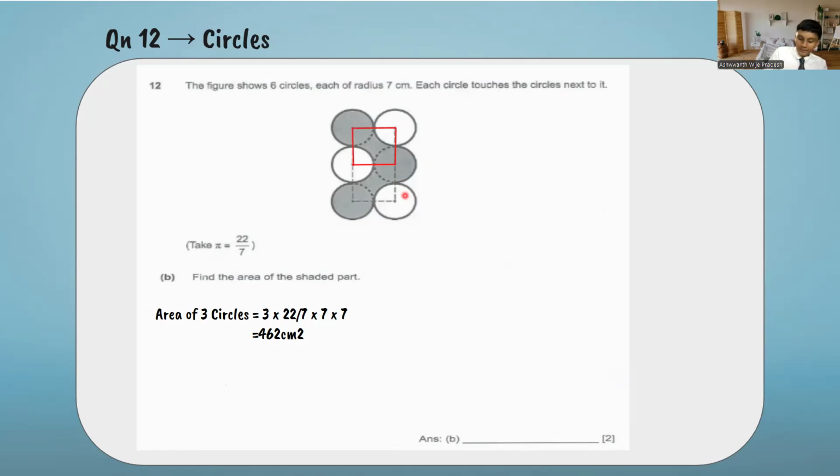So this distance is a diameter and this is a diameter because this is a radius and this is also a radius, so total diameter.